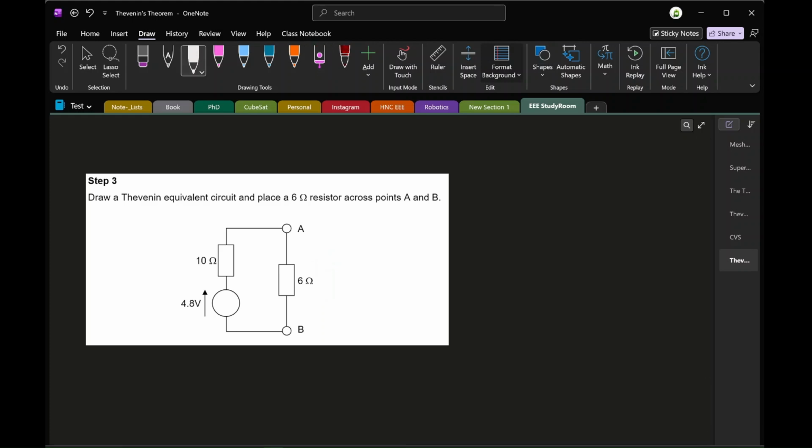The point of drawing the equivalent circuit means that we can actually understand what is going on. We can take a look at our equation that we need to build, and it's going to be a voltage division equation. So we're going to take our Thevenin voltage and multiply it by the resistor in question over the sum of the series resistances. And that's going to give us an answer of 1.8 volts. And that is Thevenin.